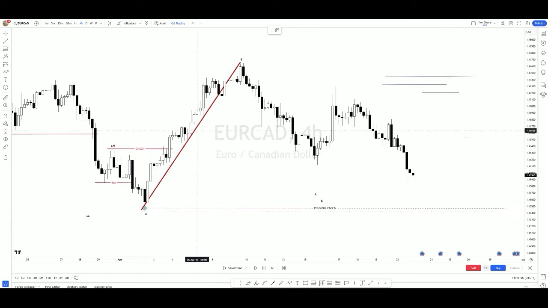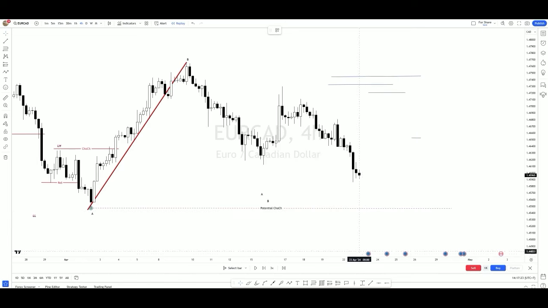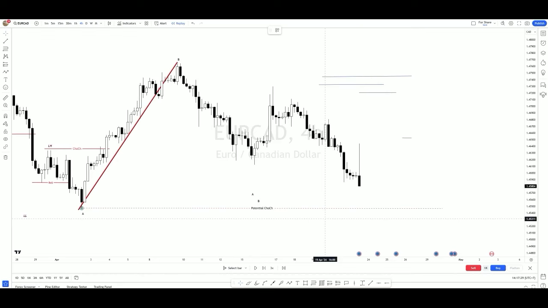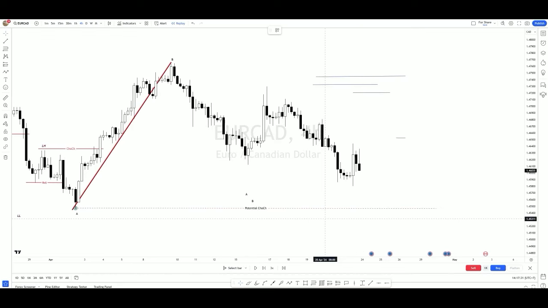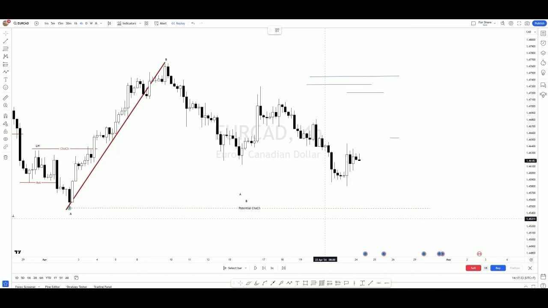So from A to B, or from B to A, is the area or the zone where I'm looking for internal ABCD. If A is broken by candle body, that confirms a change of character, and then I will stop finding the small structure of ABCD.